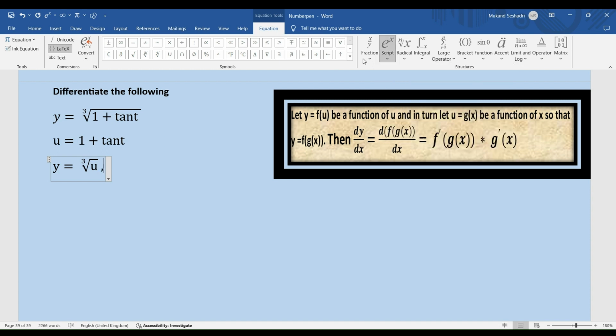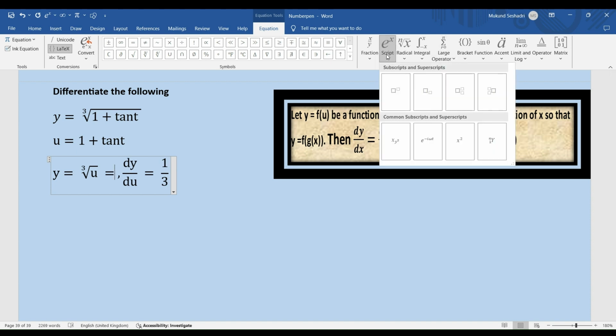What is my dy by du? It is d by dx of x to the power n equals n times x to the power n minus 1, and here my n is 1 by 3, because the cube root of u is nothing but u to the power 1 by 3.